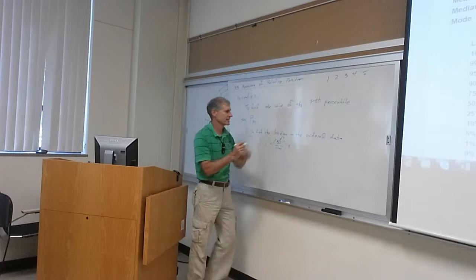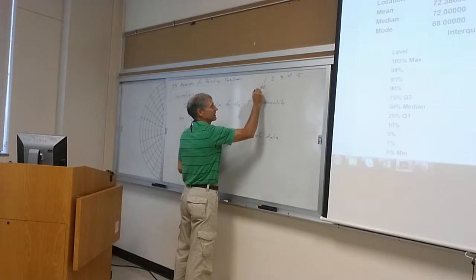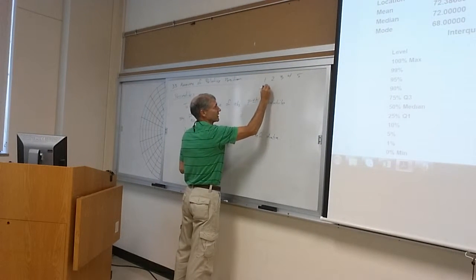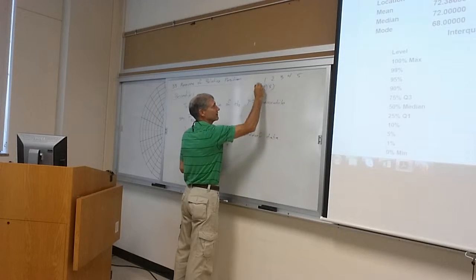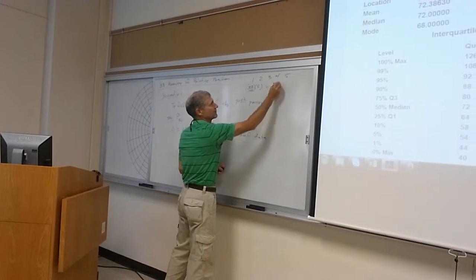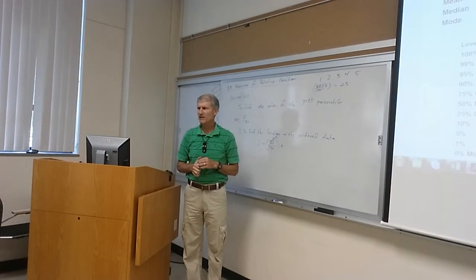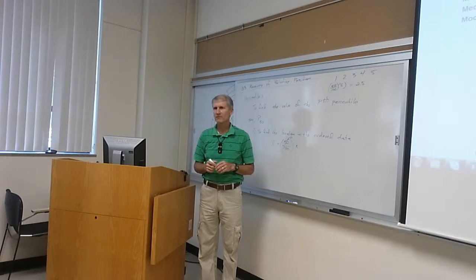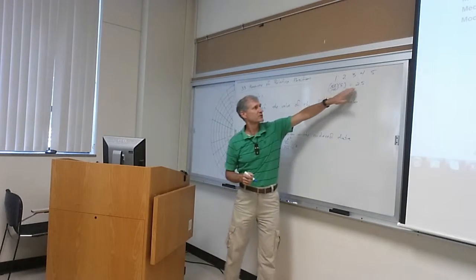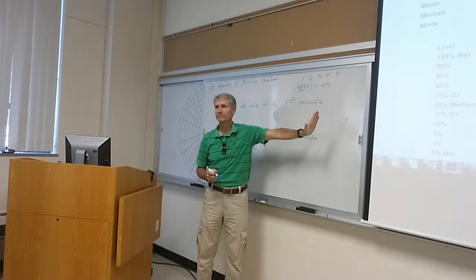So for this little data set, that's 50 over 100 times 5, which is 2.5. The location in the data is 2.5. Now, if there's a decimal on the end of it, then you go to the next whole number above.